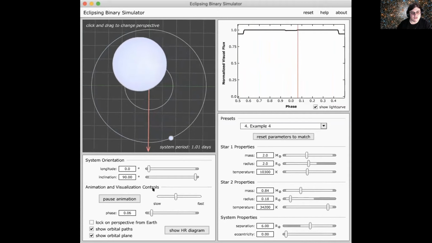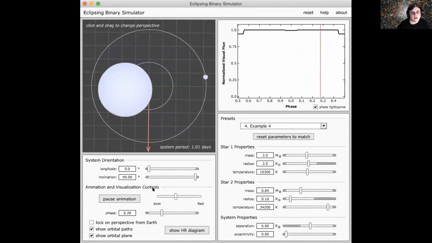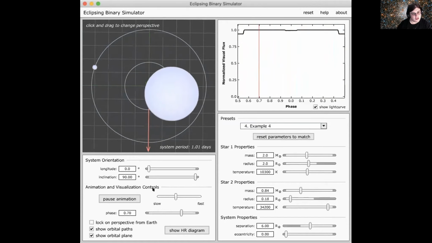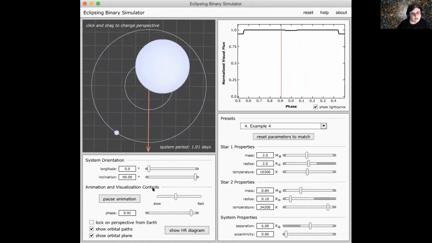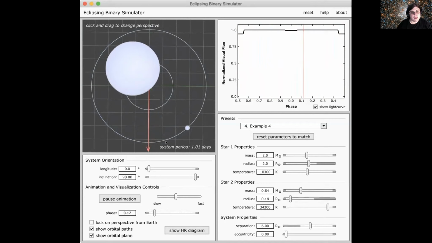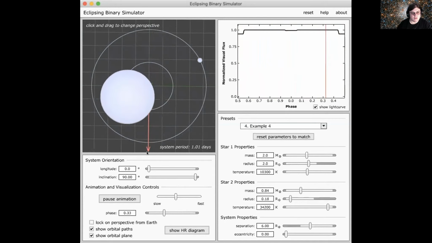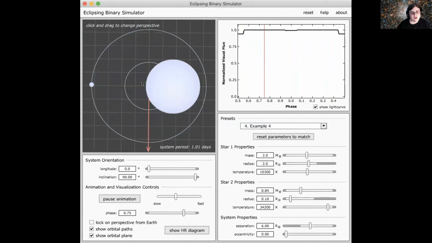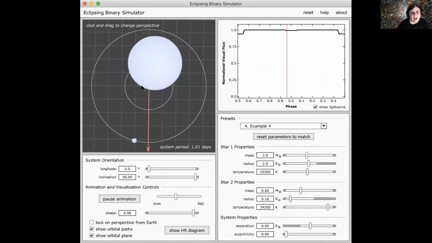So because these two stars are relatively comparable in mass, they're both stars, we could draw the small one orbiting the big one, or the big one orbiting the small one, but what's actually happening is they're both orbiting what's called the center of mass, their average mass.